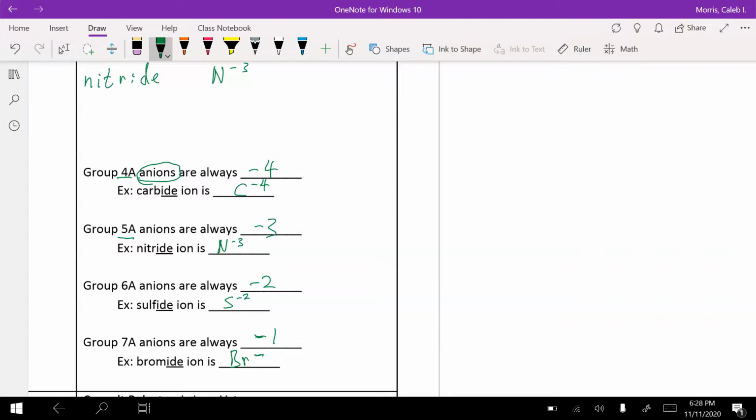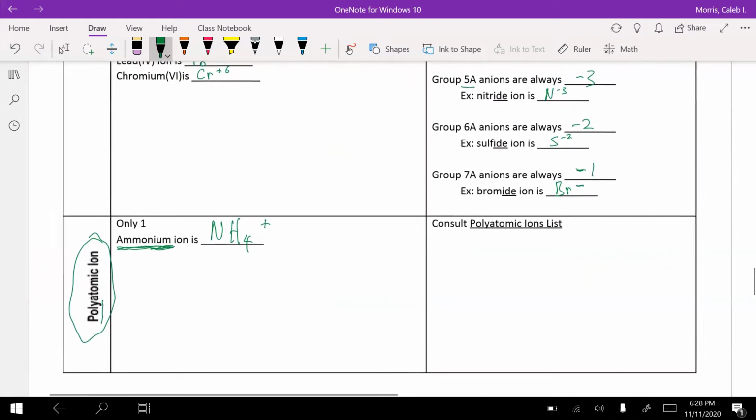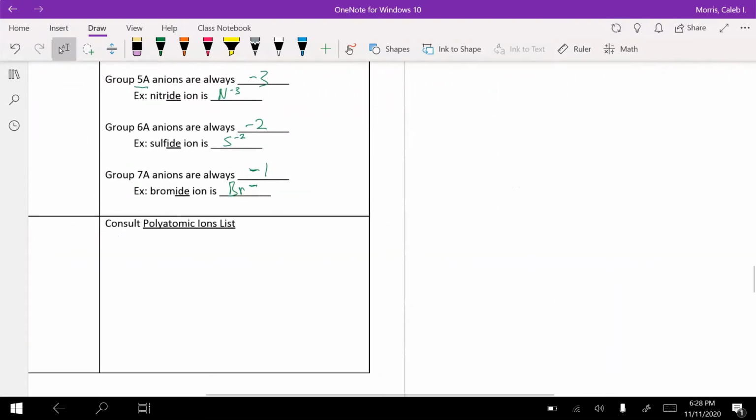It's neutral. Then finally, if you have a polyatomic ion that is negative, we're going to consult the polyatomic ion list for anions, for polyatomic anions. There are a couple I think you should memorize. They are hydroxide is OH.